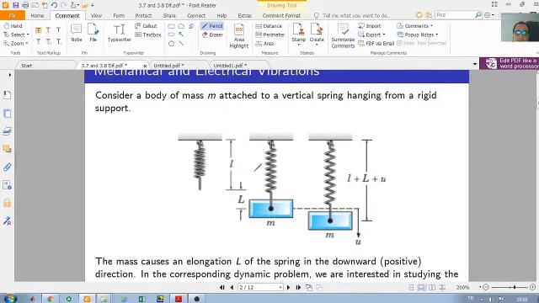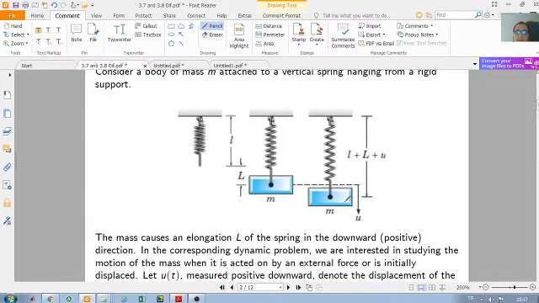This is the initial situation whose length is little l, and after we attach the mass to the spring, the length will be bigger than the previous situation since it expands.